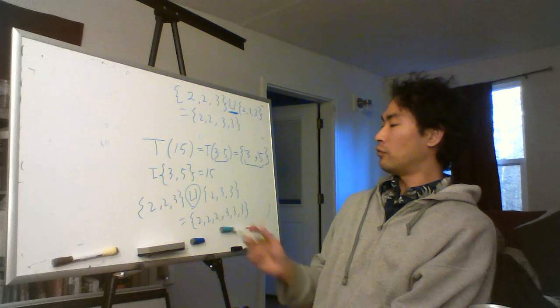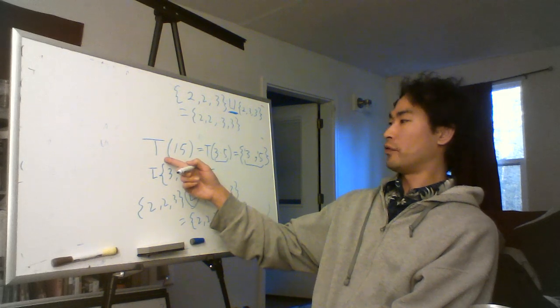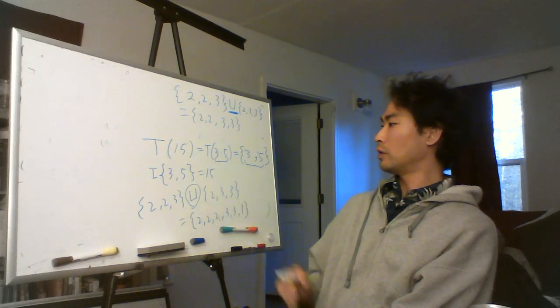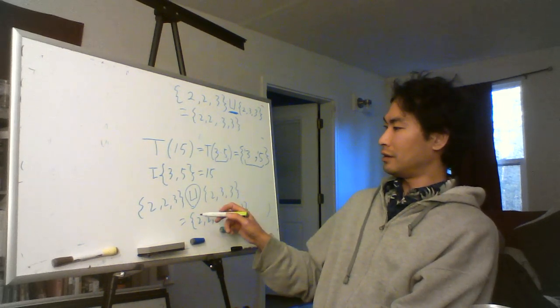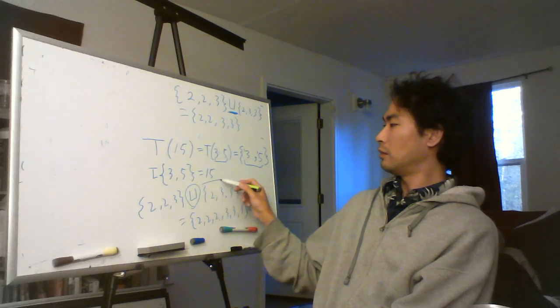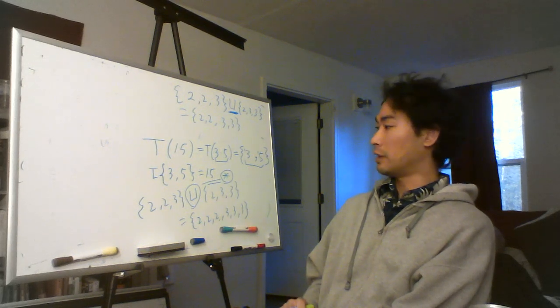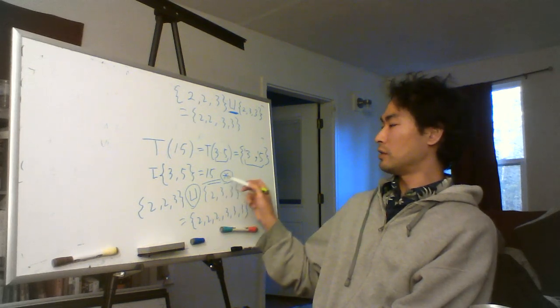So what do I mean by T being homomorphic in terms of strict union? For the strict union, we prefer using the multiplication circle, but they're equal, they mean the same thing.